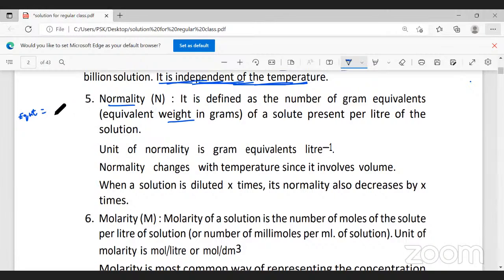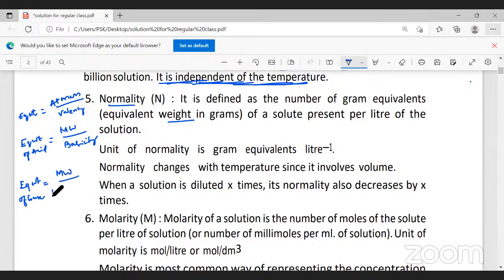If it is an element, equivalent weight is atomic mass divided by valency. If it is an acid, equivalent weight is calculated by the formula molecular weight divided by basicity. I will tell you what is basicity. Equivalent weight of a base is given by molecular weight divided by acidity.